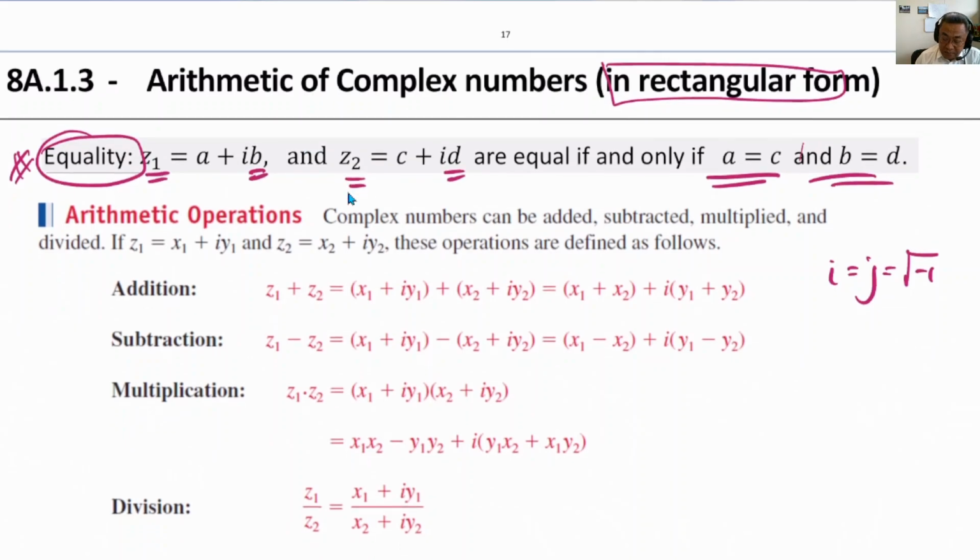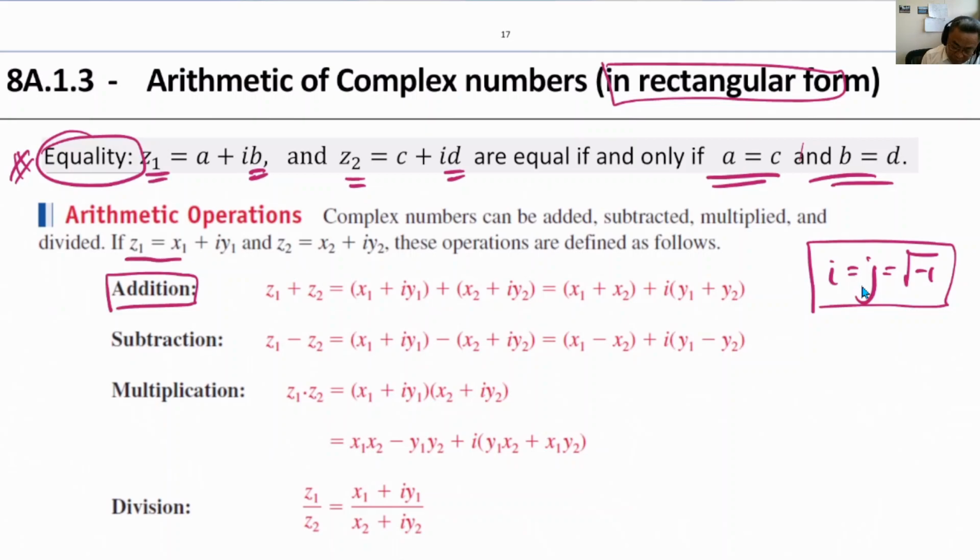We now study some arithmetic operations, the addition first. In here, we're going to use i to represent square root of minus 1 instead of j. So please get used to the notation changes sometimes. Sometimes i is used as square root of minus 1, sometimes it's j.